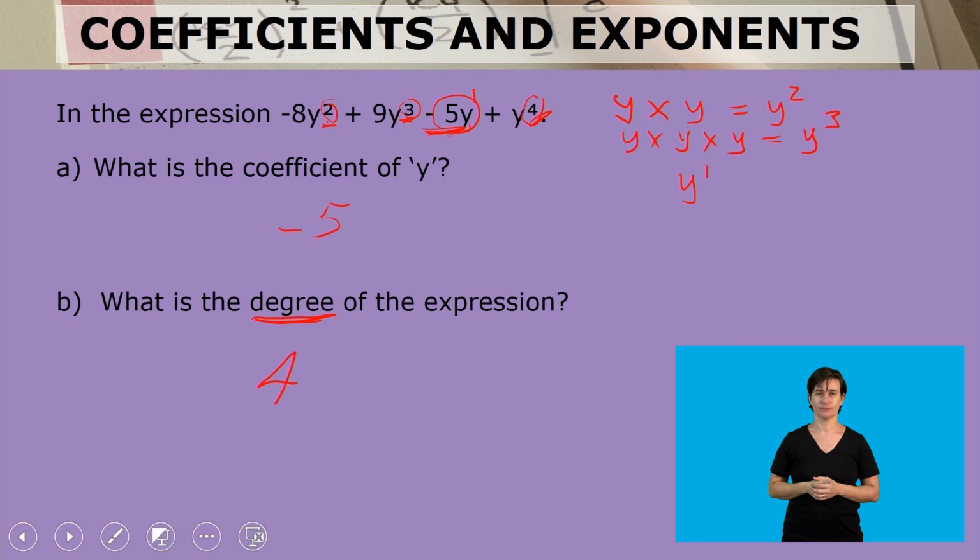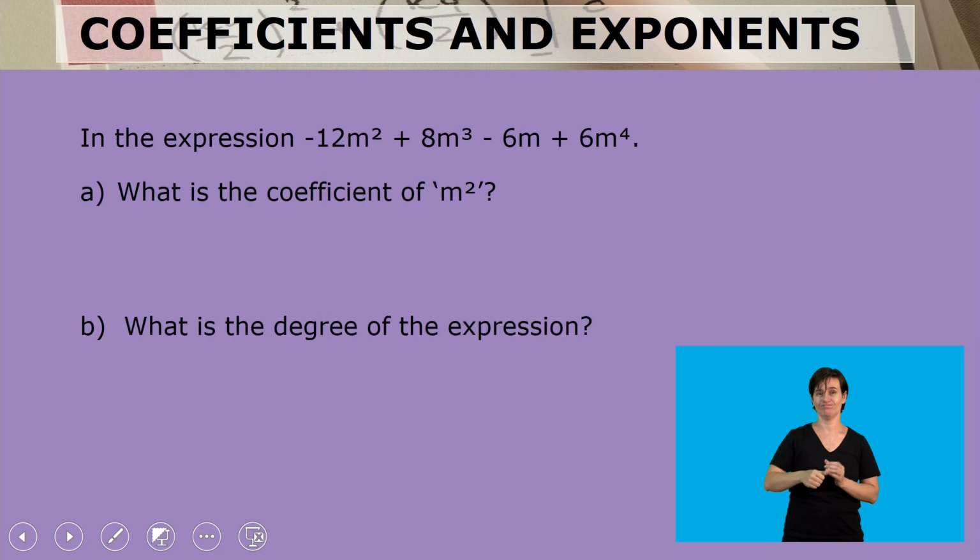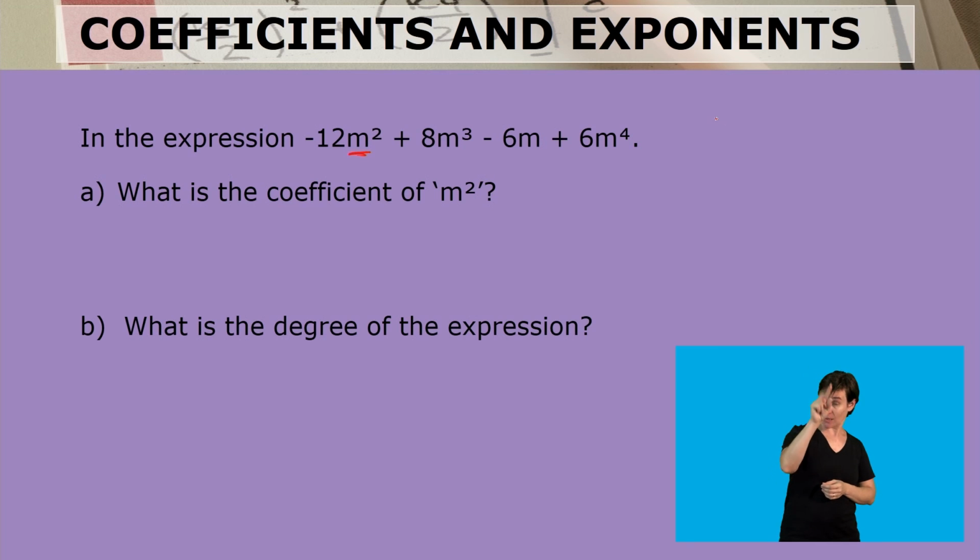All right? Then let's look at the next one. And again, the unknown is not x or y, it's m. So it shows that it can come in any form, but the method is still the same. As long as we look at the term and you realize that it's m squared, it means that m has been multiplied by m to give us m squared.